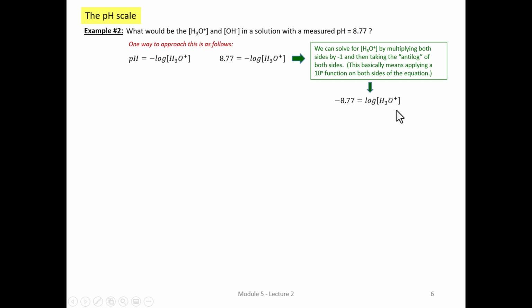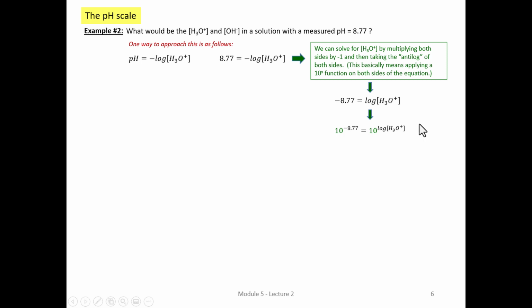And simply, that just means we're going to take this side and use it as an exponent on 10. So we're going to take 10 to the minus 8.77. If we do that to the left, we've got to do this to the right. So we take 10 to the log of the hydronium ion concentration. This is effectively taking an anti-log of both sides.